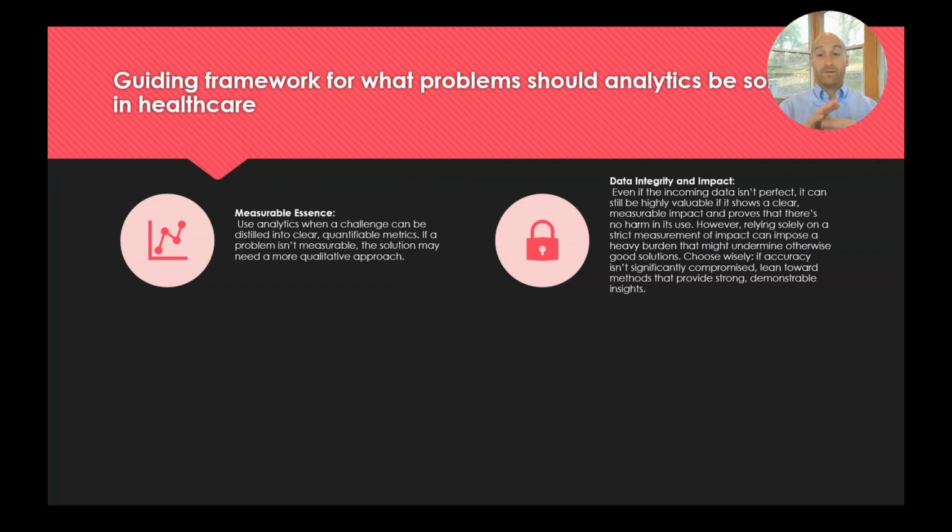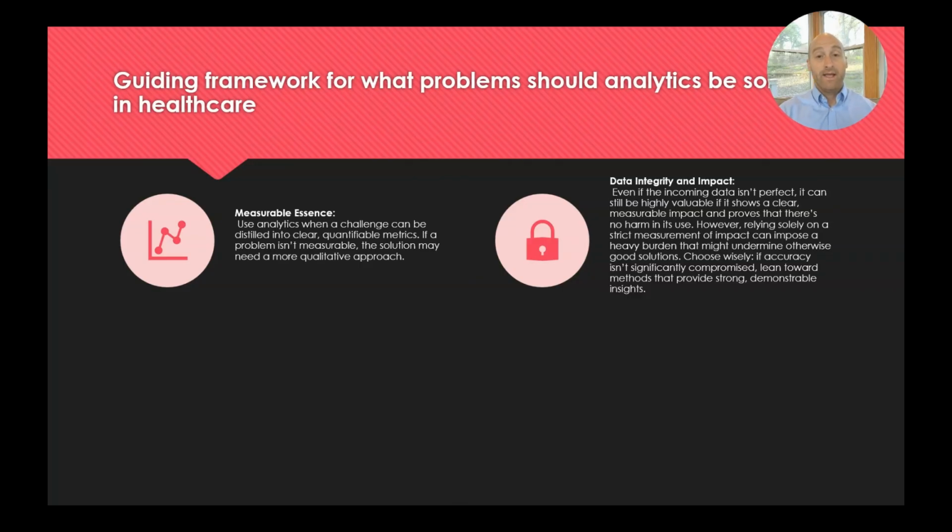Now let's pick out the outcome we're trying to influence, and can we prove that measuring it and showing it, or predicting it, could really improve our performance on something. So the burden is on us to choose wisely and show that there's an impact on the other side of this.